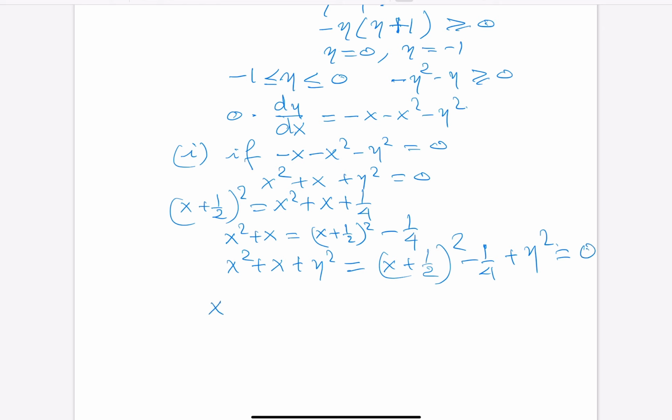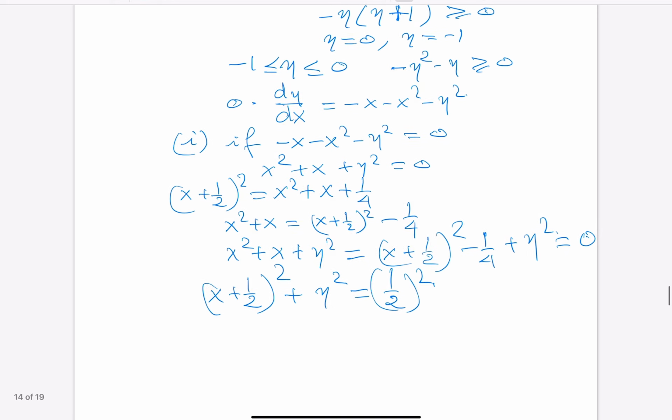So now I get (x plus 1/2) squared plus y squared is equal to (1/2) squared. Okay.